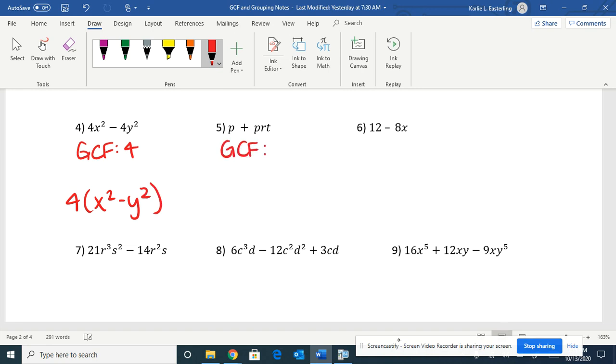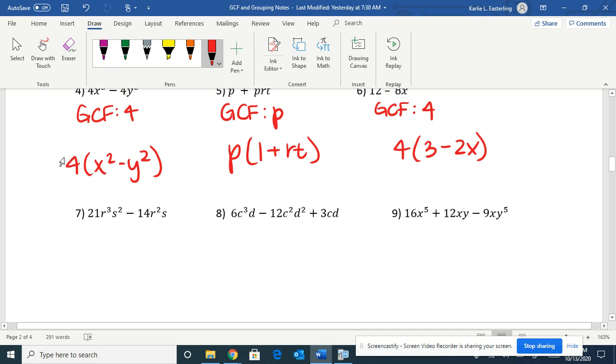For number 5, hopefully you got p. You pull out a p and are left with 1 plus rt. Number 6, your greatest common factor was 4, and when you pull out a 4, you're looking at 3 minus 2x.